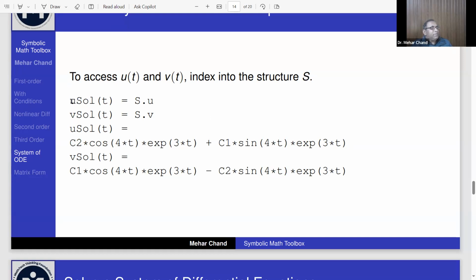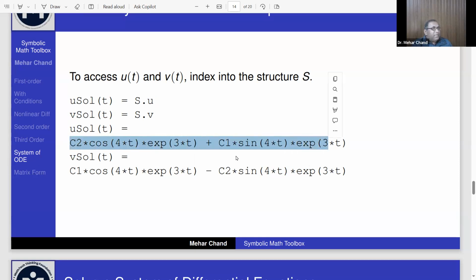Because we have the solution, we are using an assignment variable at this place, uSolution_t, and we want to store the value of u at this place. From what you want to access from S, you will use S.u. Then the value of u will be accessed from the above expression and returned at this place.